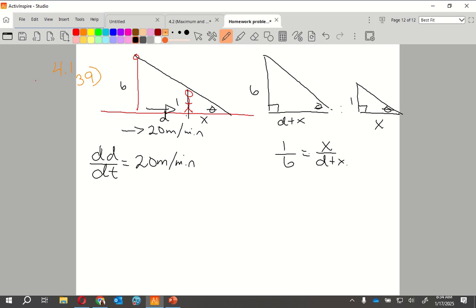So yeah, set this up, let's do cross product. If I multiply this, it's gonna give me distance plus x is equal to 6x. Subtract x from both sides.